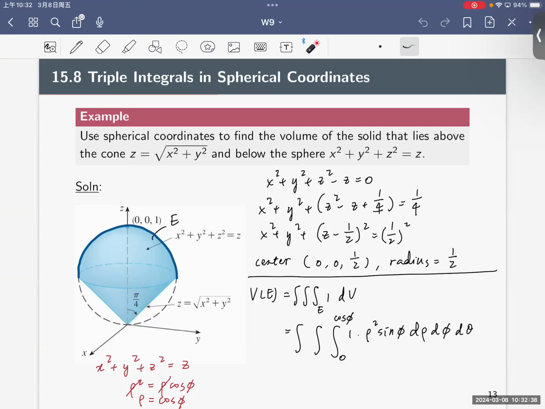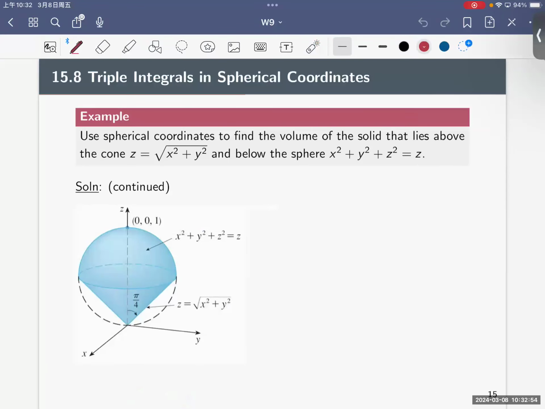Basically we know this angle is the angle of the cone, right? So we will be examining the cone equation to see if we can get this angle from it. From this cone equation, we have z equal to the square root of x squared plus y squared. What we are going to do is translate this equation in x, y, z to an equation in spherical coordinates, rho, phi, theta.